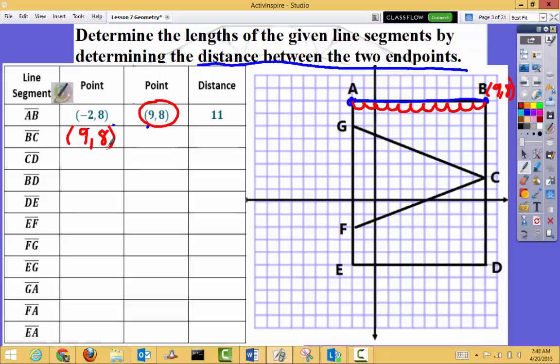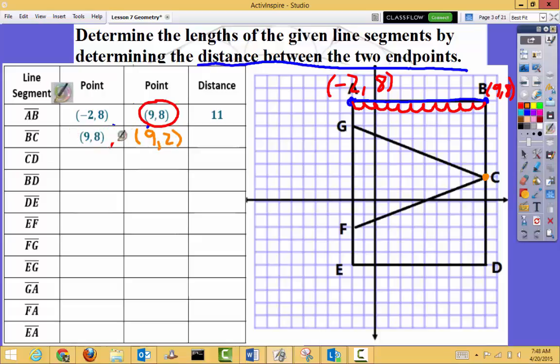And let's see if there's anything else that I can look at. Well, I'm looking at now B to C. So where is C? C is right here. So let's continue. C is 1, 2, 3, 4, 5, 6, 7, 8, 9 over. And how far up did it go? Well, it went up 1, 2.